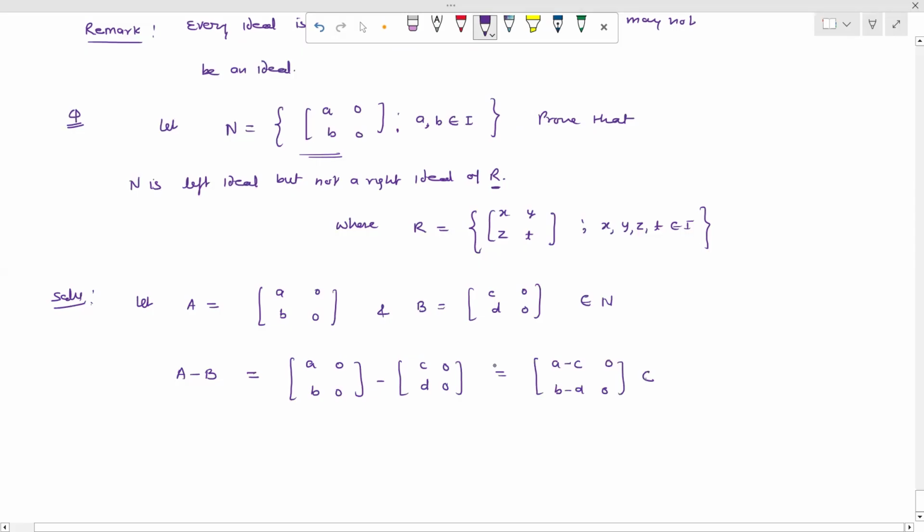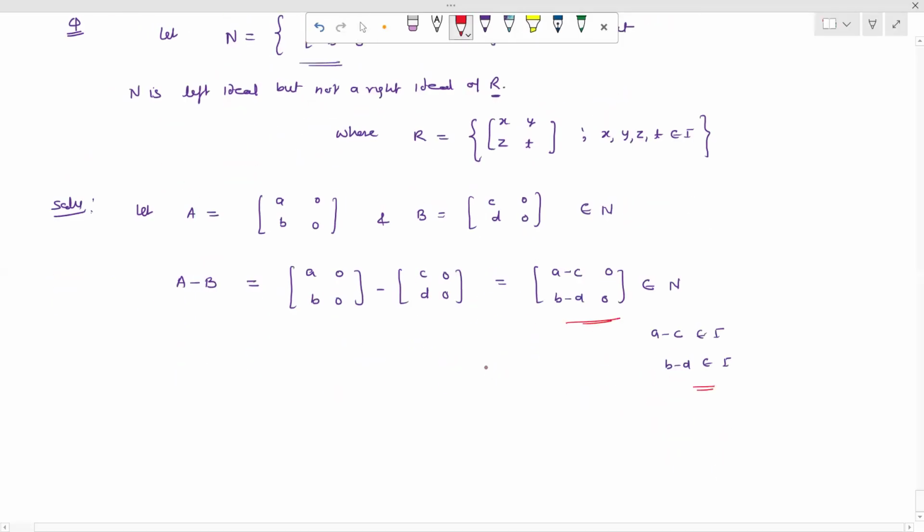So this also belongs to set N, because a minus c also belongs to I, and b minus d also belongs to I. So this is not a natural number, this is a set. So this belongs to set N, so that means the first property is satisfied.